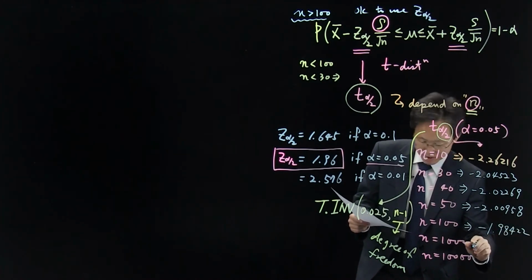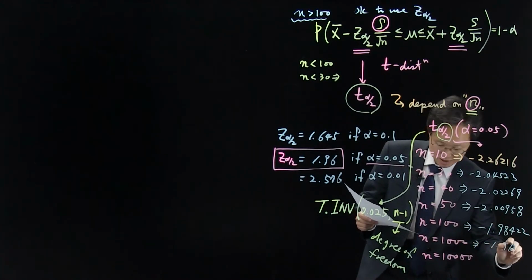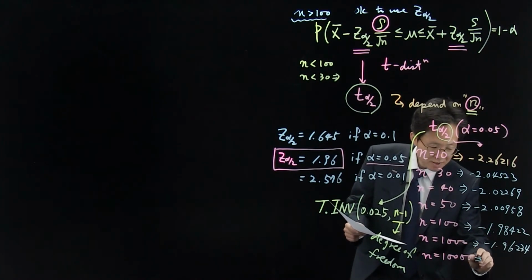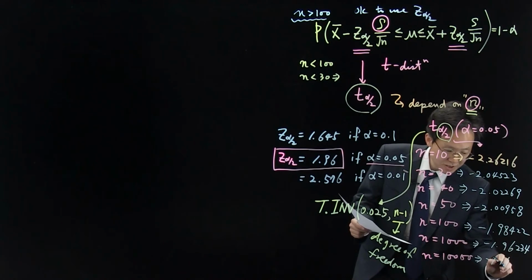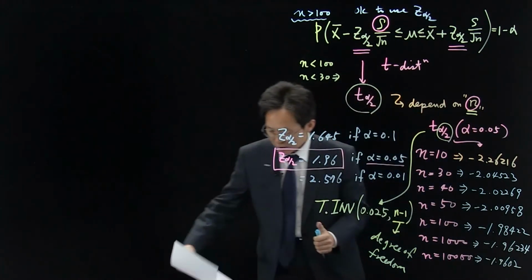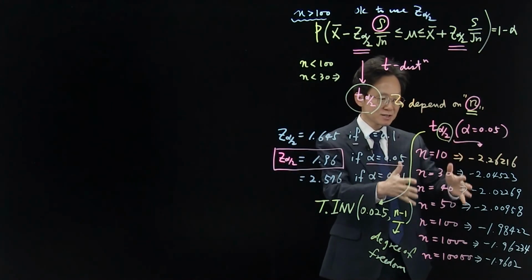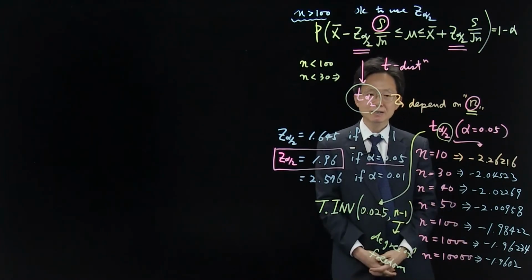And if it's 1,000, it's going to be minus 1.96234. And if it's 10,000, now we have minus 1.9602.